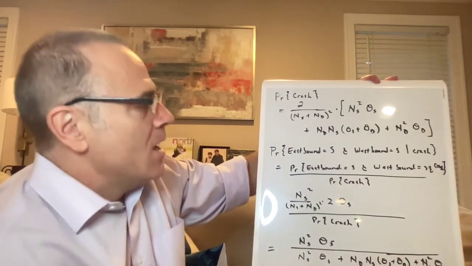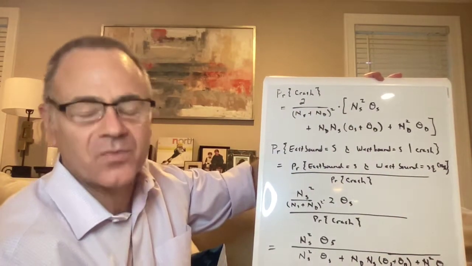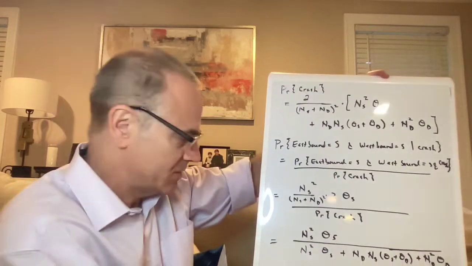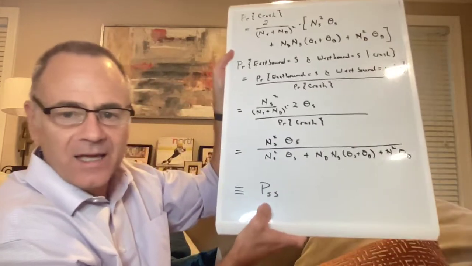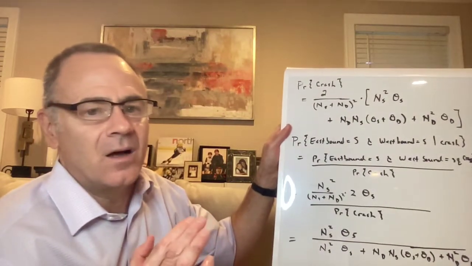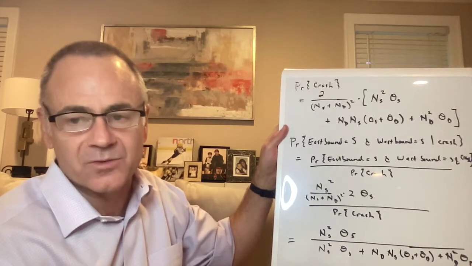Once we have the probability of crash, we can start calculating these P terms. For instance, PSS was defined to be, given a crash, the probability both drivers were sober.